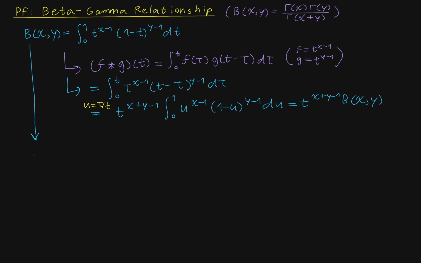So what we're going to have is the Laplace transform of t to the x minus 1 times the Laplace transform of t to the y minus 1. And again, the beta function is a constant, so we can just take this out: the beta function times the Laplace transform of t to the x plus y minus 1.